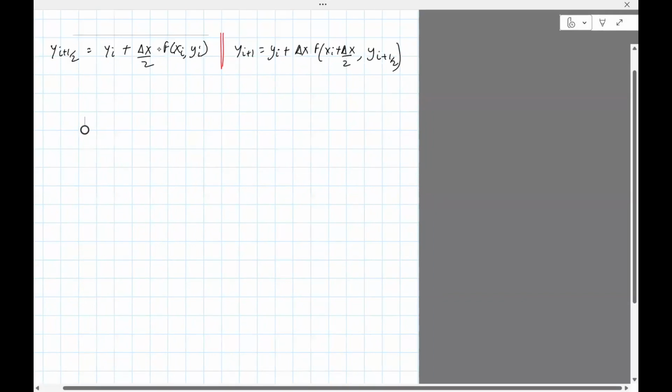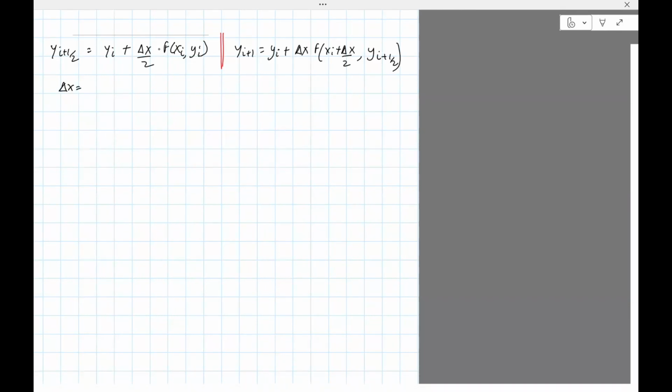Let's identify what we are given and then identify what we need to compute. So delta x is 0.1. xi will be the lower limit, 0, plus i delta x, where i will go from 0, 1, 2, and so on till 10.